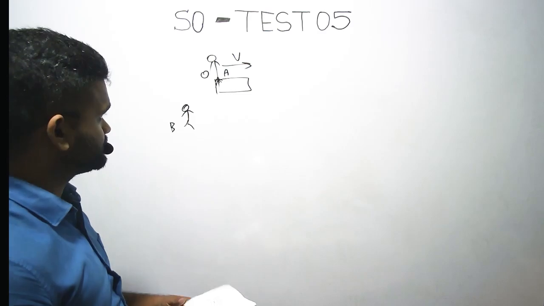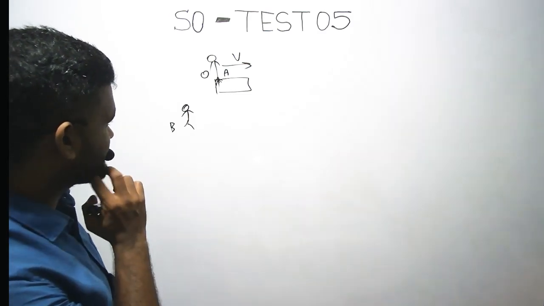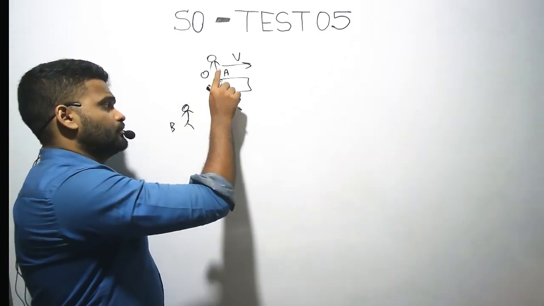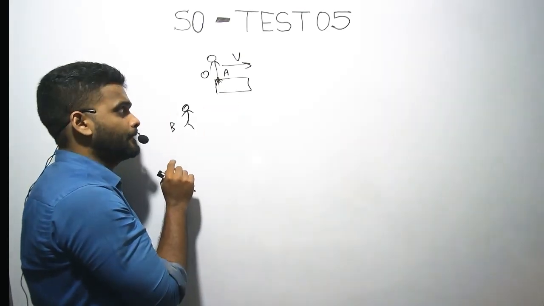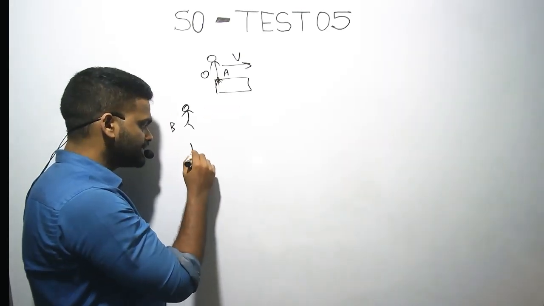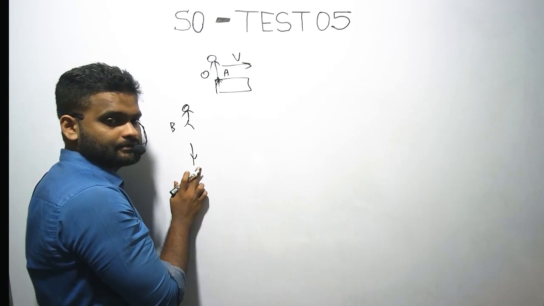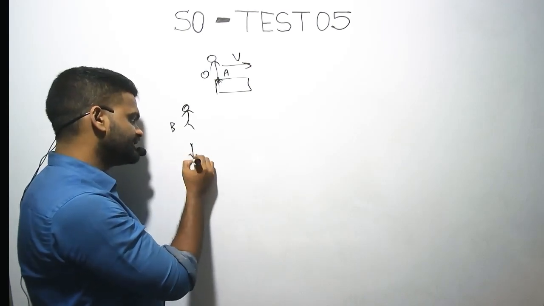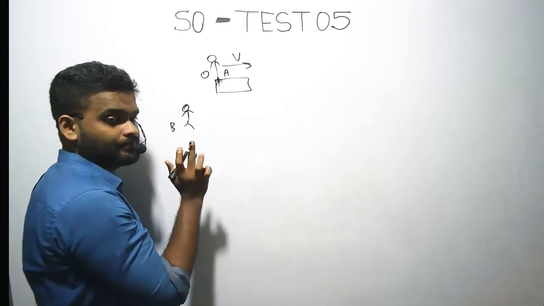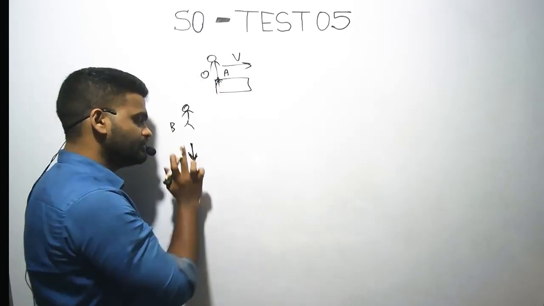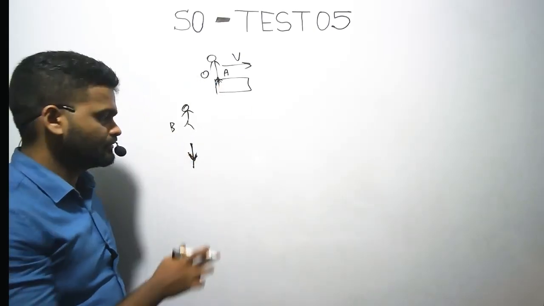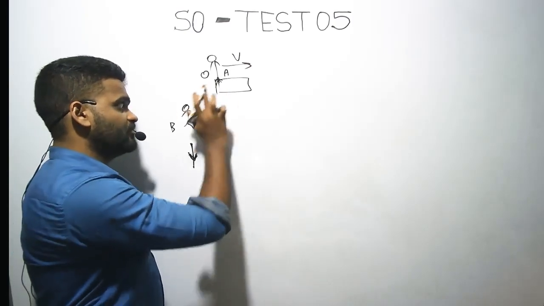Okay. For both A and B, they don't have a vertically downward velocity. Vertical velocities are the same for both A and B. So in the vertical direction, both A and B will see the same thing because they have the same vertical velocities.